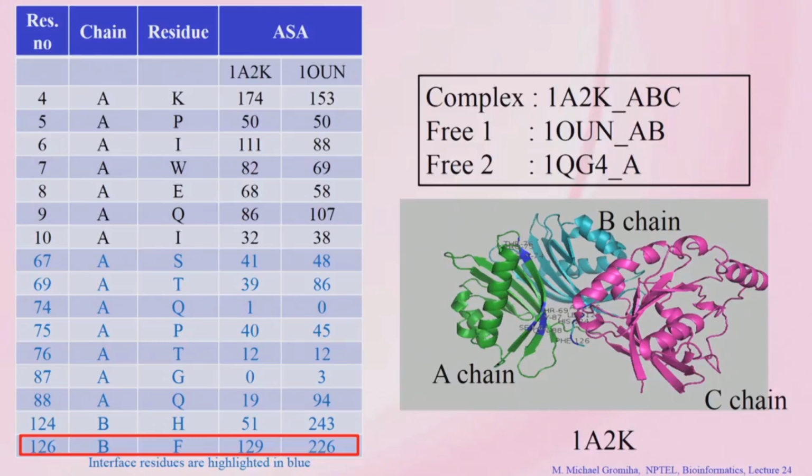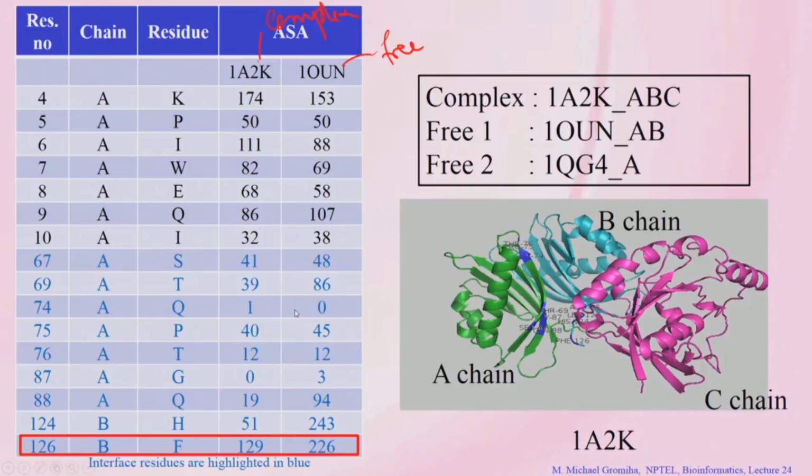This is the complex 1A2K, this is the complex and this is the free protein. In some cases you see the free protein is higher than the complex, and also vice versa in some other cases. If it is reduced in the complex, then these residues are identified as the binding site residues. Fine.